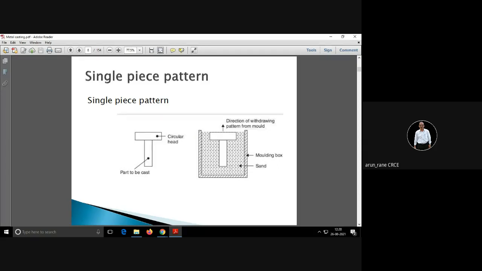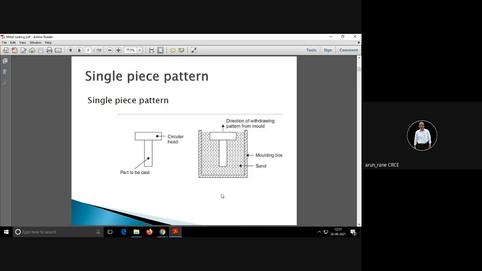Now this pattern is kept in a molding box, what you call the molding box. And then this is the sand. Once you keep a pattern, the sand is rammed around the pattern. Obviously, you will have to locate the pattern because when you are ramming the sand, the pattern will deflect.